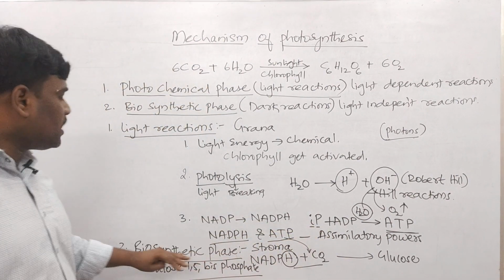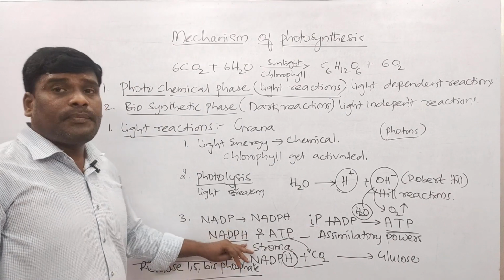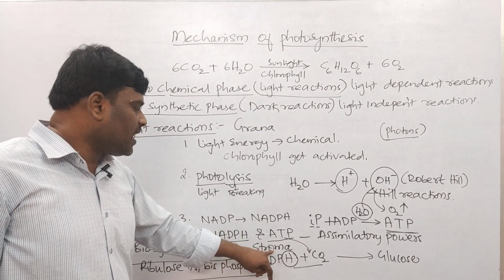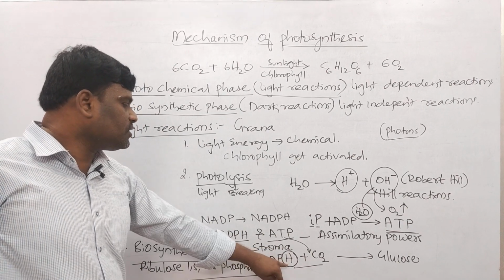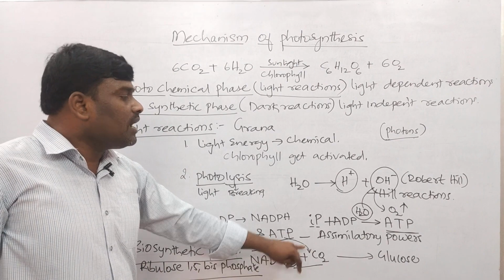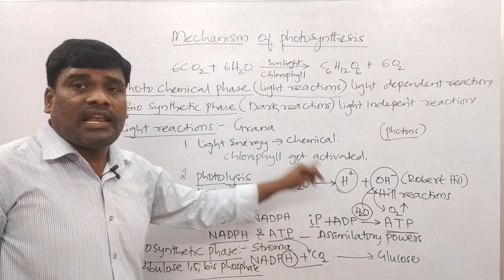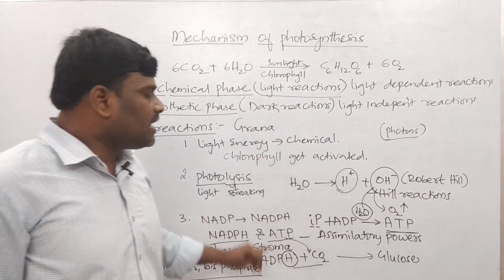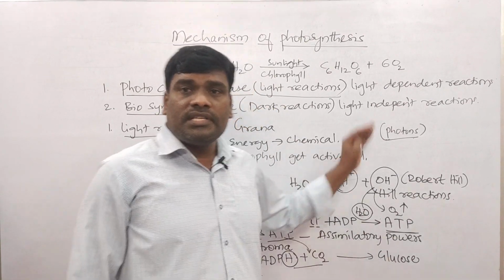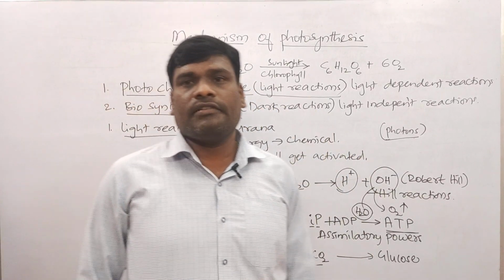And what happens in the biosynthetic phase? In this biosynthetic phase, children, it occurs in the stroma, isn't it? The hydrogen in NADPH combines with carbon dioxide, by utilizing the ATP from the light reaction, and finally converts into glucose molecules.